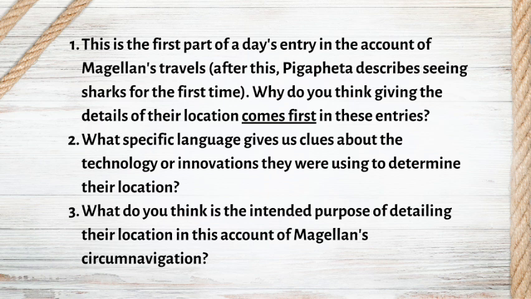Question number 2: what specific language gives us clues about the technology or innovations they were using to determine their location? And then 3: what do you think is the intended purpose of detailing their location in this account of Magellan's circumnavigation? So once again, read and annotate the excerpt that is in your reading guides, and then answer these 3 questions in your reading guides.